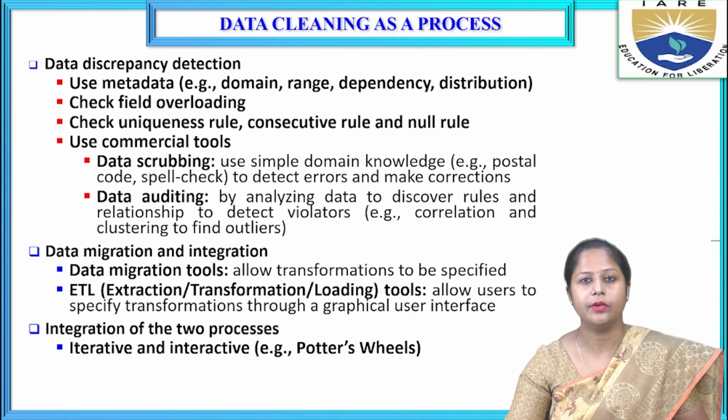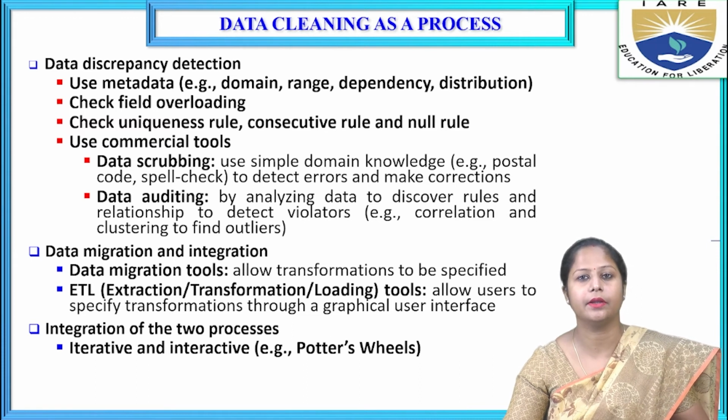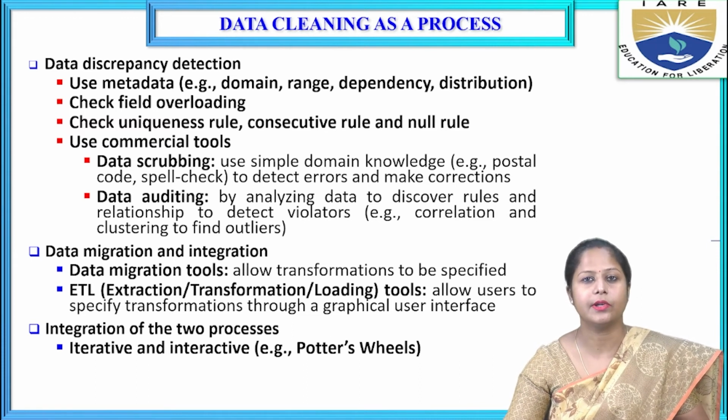We have to check the uniqueness rule, consecutive rule, and null rule. So to detect any type of discrepancy, we check the uniqueness rule, the consecutive rule, and apply the null rule. There are also commercial tools, like data scrubbing tools and data auditing tools, to check whether there is data discrepancy or not.